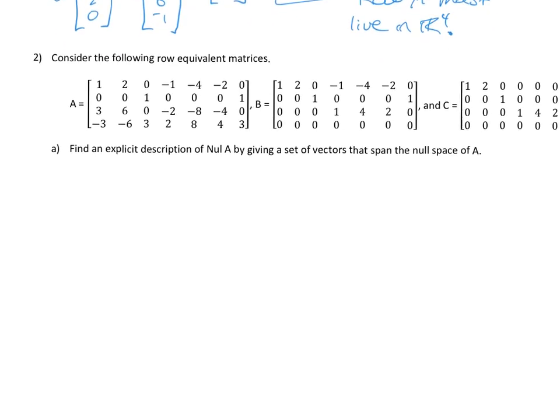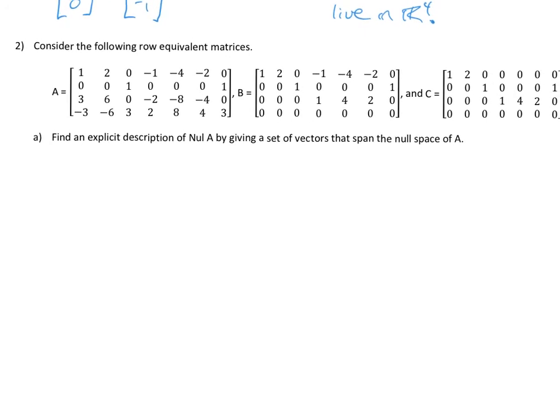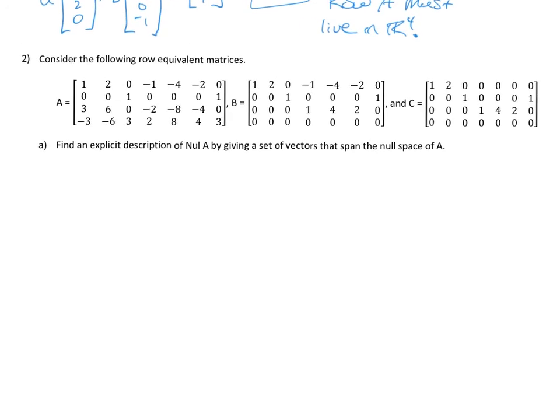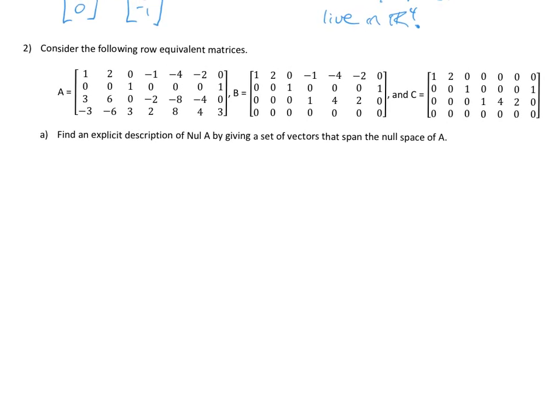Okay, number 2. Consider the following row equivalent matrices. Find an explicit description of null A by giving a set of vectors that span the null space of A. Okay, so to find the null space of a matrix, that means find all the vectors x such that A times x gives you the 0 vector.